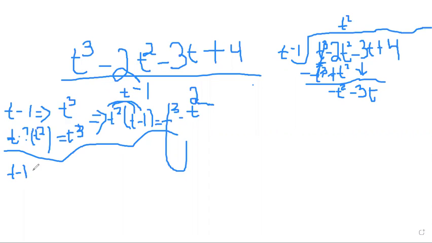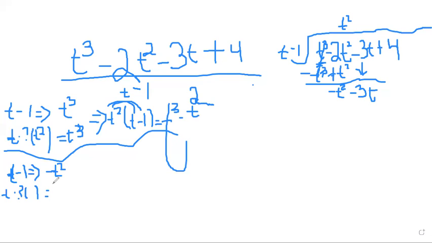And let's again identify the next term. The next term I need to look at is a negative t squared. So I'm going to take the first term once again out of t minus 1, and I'm going to pull down the t. So once again, t times what is missing to give me that negative t squared?